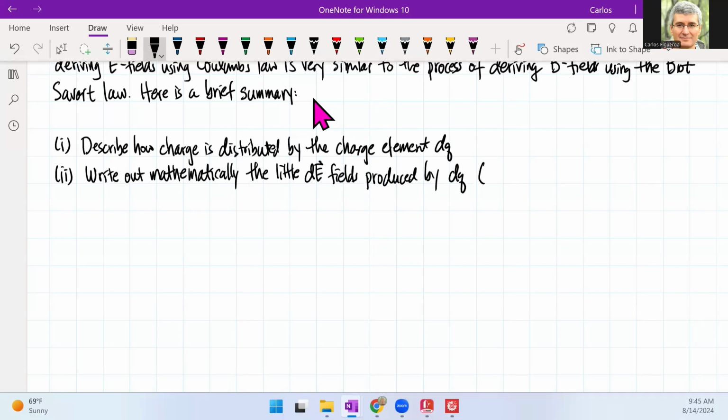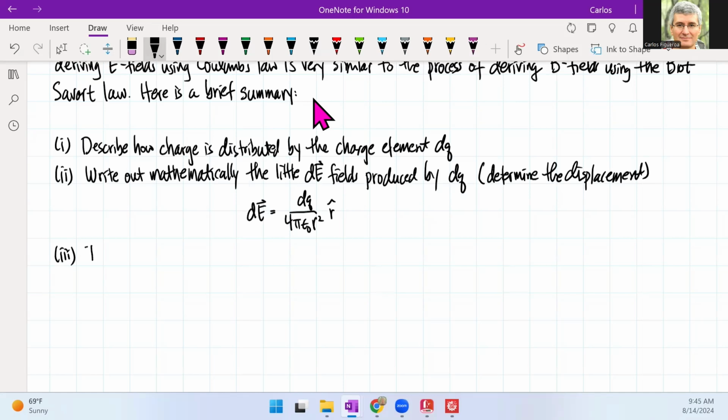And that typically means that we really determine the displacement. So the displacement vector is really the core of this process here. So when we look at that little dE field, we then write this guy.